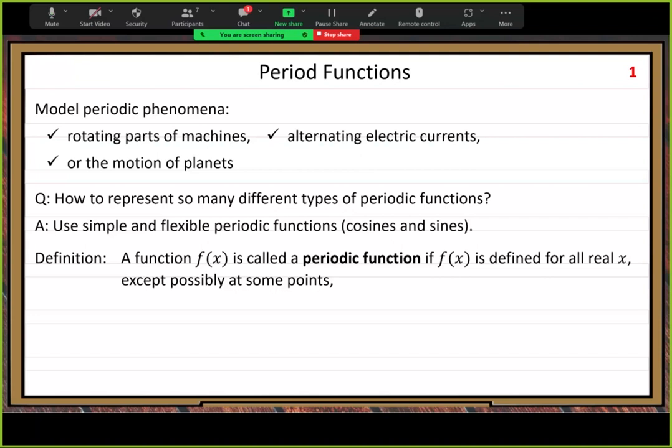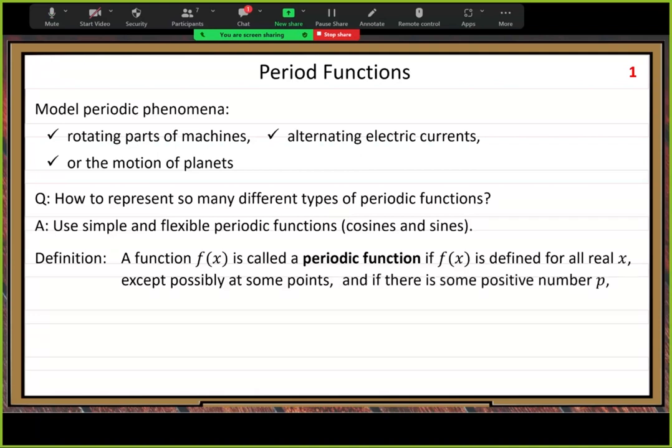But there must be finitely many. If there are too many bad points, then the theory breaks.